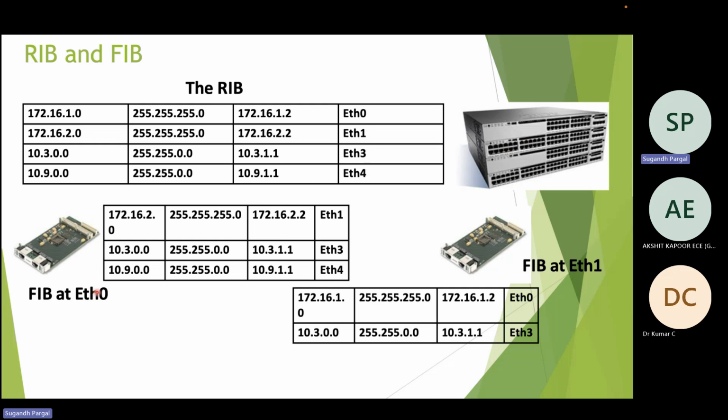Then we have the FIB at Ethernet 0, which has three lines of information for passing through Ethernet 1, 3, and 4. Similarly, the FIB at Ethernet 1 needs the information only about Ethernet 0 and Ethernet 3, so it has only two lines of information. So depending upon the requirement of a particular packet, it updates the FIB and that information is stored in the FIB.